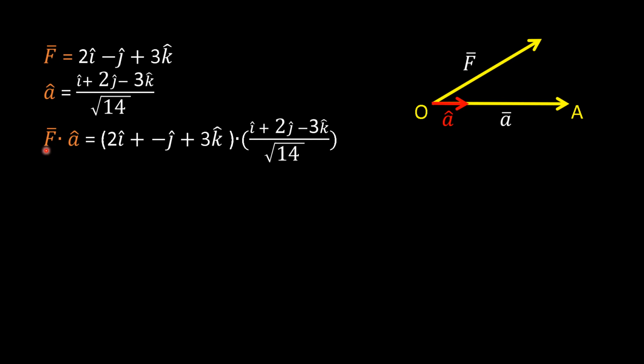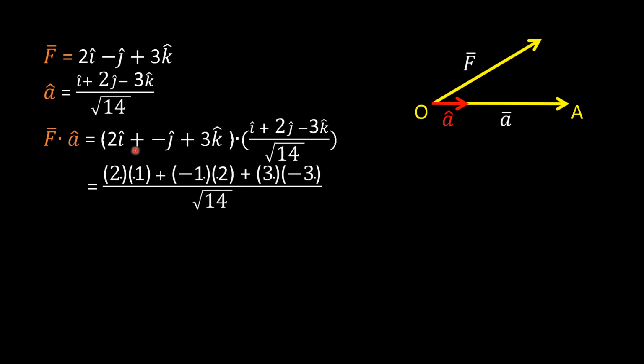Now F bar dot A cap will be a dot product of this vector and this vector. So it will be 2 multiplied by 1 plus minus 1 multiplied by 2 plus 3 multiplied by minus 3, divided by root 14.